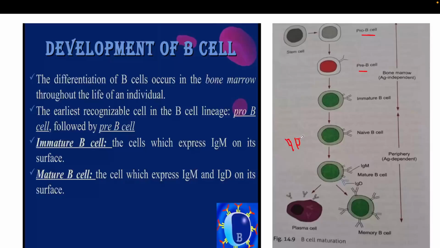So whatever antigen it binds, based on that it will get the signal that it has to multiply, with specificity towards this type of antigen. So it will multiply by dividing into either plasma cells or memory cells. Okay, so this is the simple flow chart of B cell development.